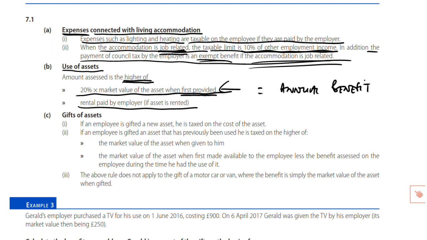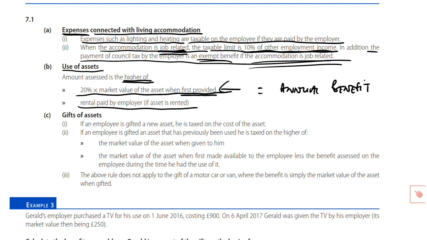So what may happen if there is such an asset that has been made available for the private use of the employee? Well, probably the company doesn't want it back. So what may happen is that it may be transferred. It may be gifted or sold, probably at a distinct undervalue, by the employer to the employee.